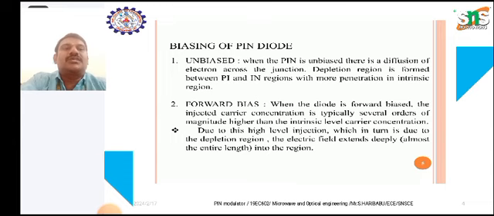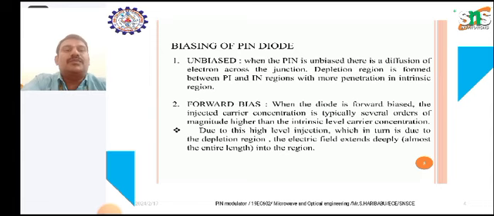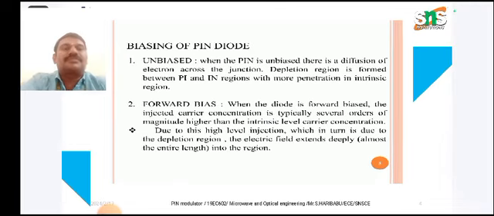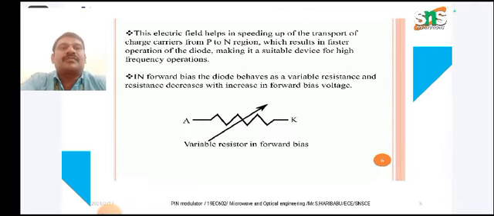Due to this high level injection, the electric field extends deeply, almost the entire length into the regions. The electric field helps speed up the transport of charge carriers from P to N region, resulting in faster operation of the diode, making it suitable for high frequency operations.